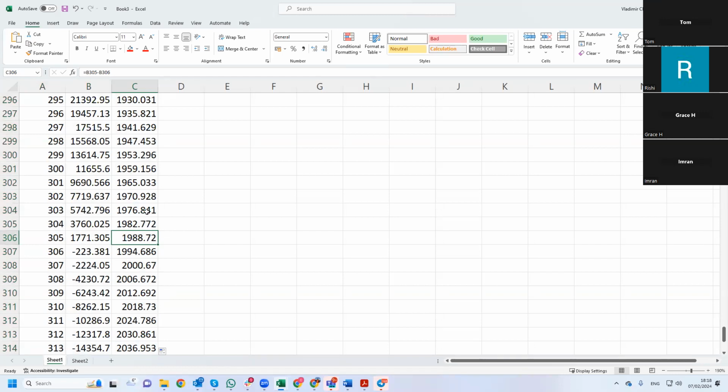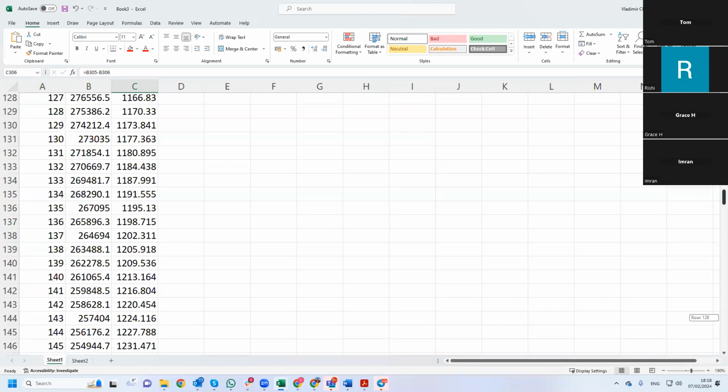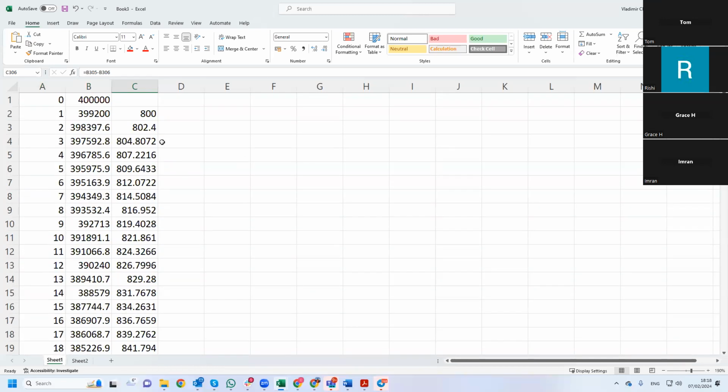The pattern is 800 times 1.003 to the power t. I'm not sure. Is it? 800 times 1.003. Oh, it does seem like it does. Thank you, that's very observant.